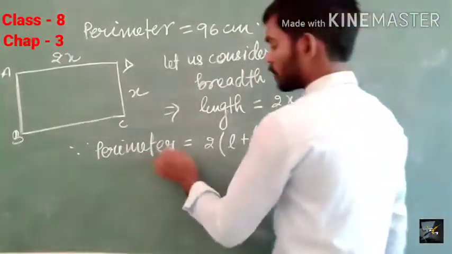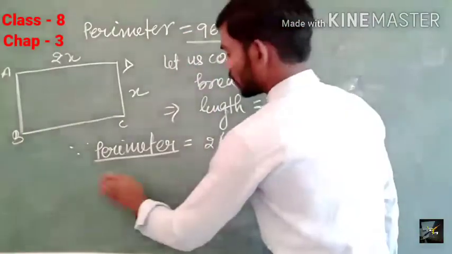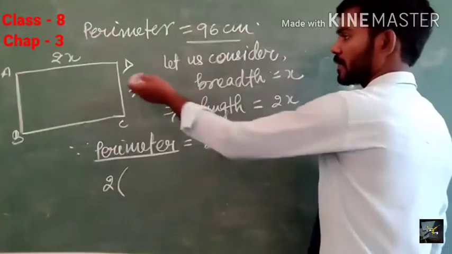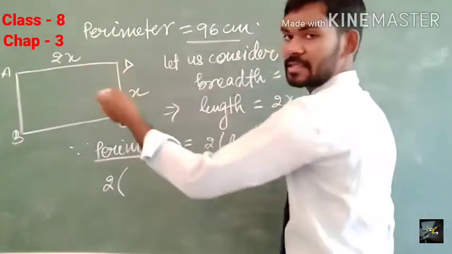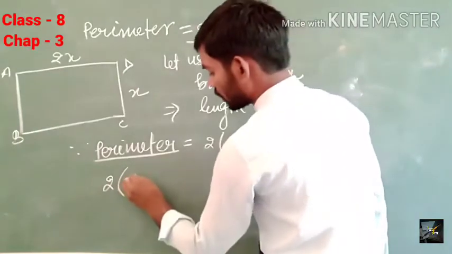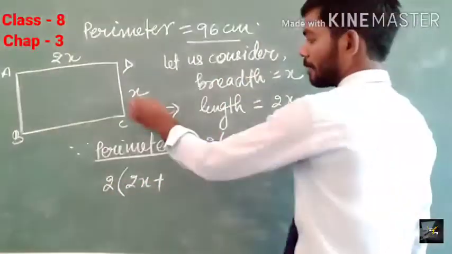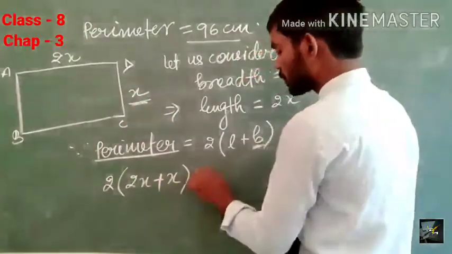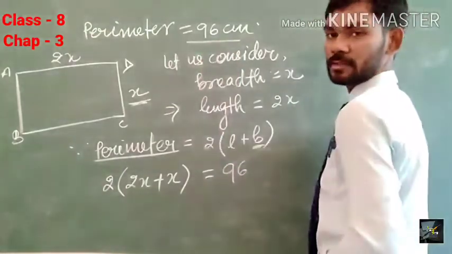So, since the perimeter of the rectangle is given as 96 centimeters, therefore 2 times the length, which we have considered as 2x, plus the breadth, which we have considered as x, will be equal to 96 as given in the question.